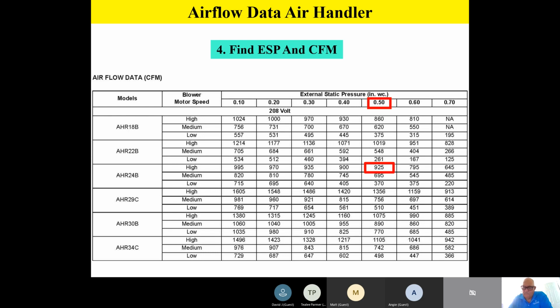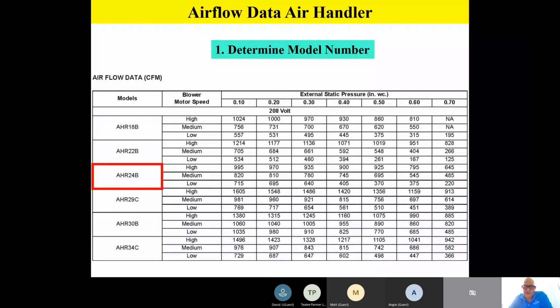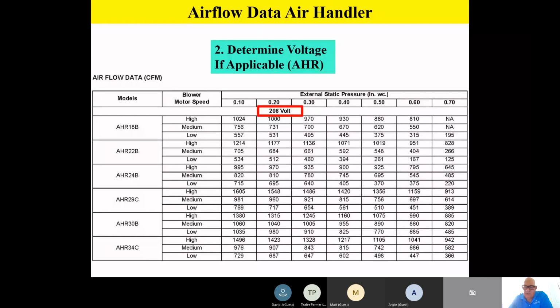So in this example, backing all the way up, we have an AHR 24B air handler, step number 1. And let's say we have 212 volts on the job site. Well, that's pretty close to 208, so we'll use the 208 volt table. In our example, we're on high speed tap.